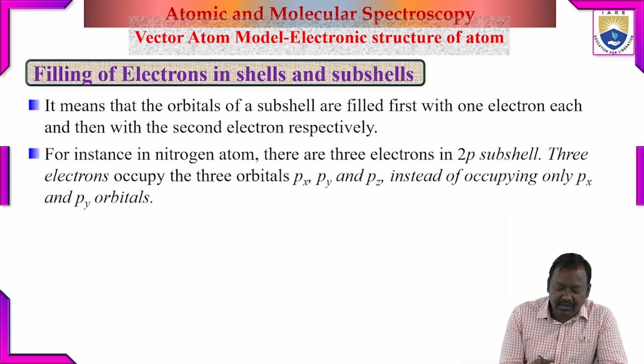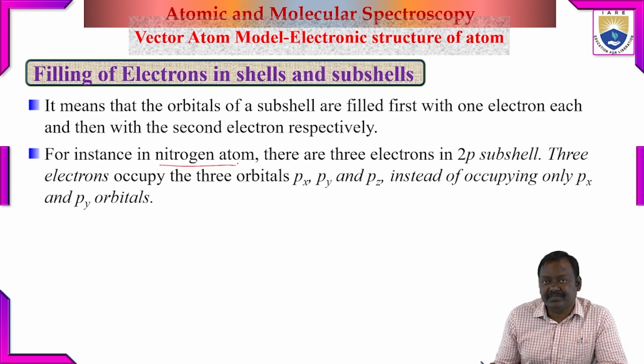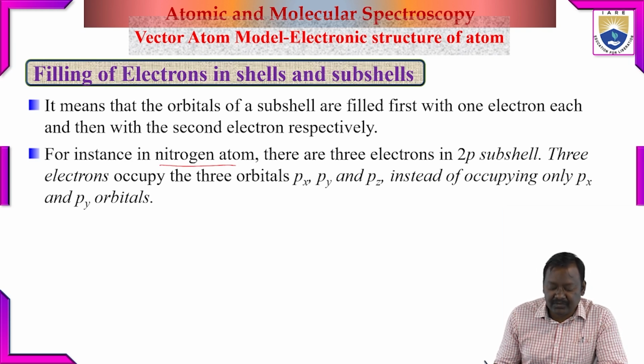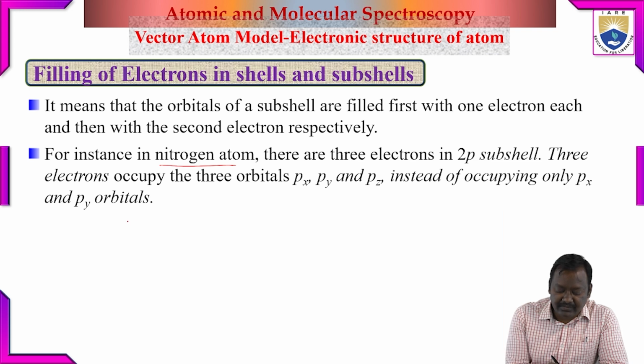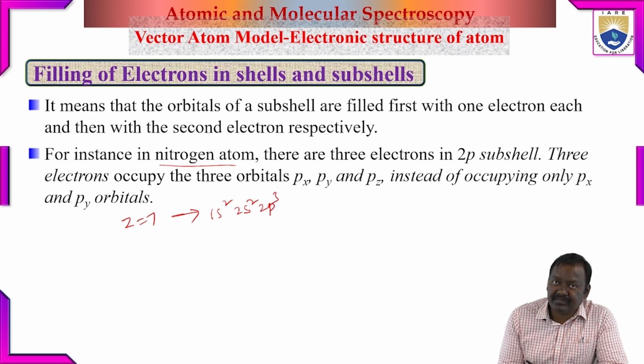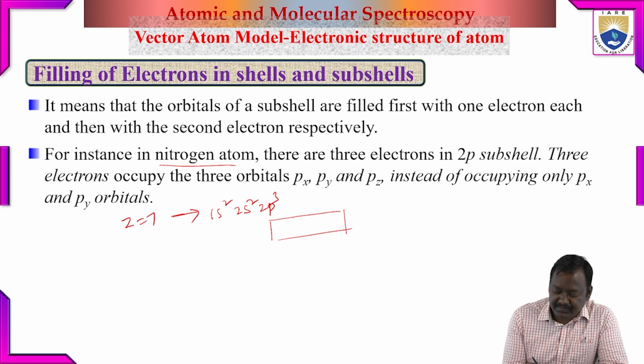For example, consider the nitrogen atom, atomic number Z equal to 7. While filling the orbitals, generally we write 1s2, 2s2, 2p3. That means 3 electrons occupy the p shell. Here also there are 3 subshells: px, py, pz.